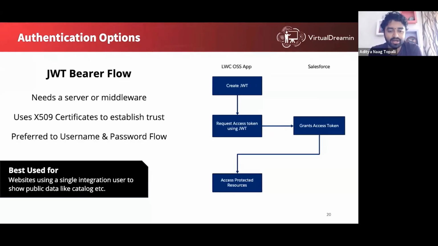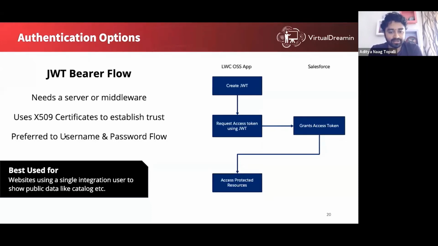There is a bit of logic for that to do. But what it does is you create a JWT, you send that JWT to the endpoint, and then it gives you the access token back. And we use certificates and all to establish trust between two servers.